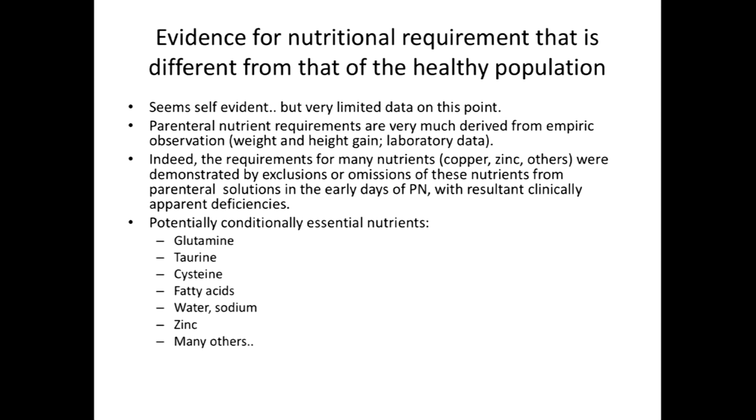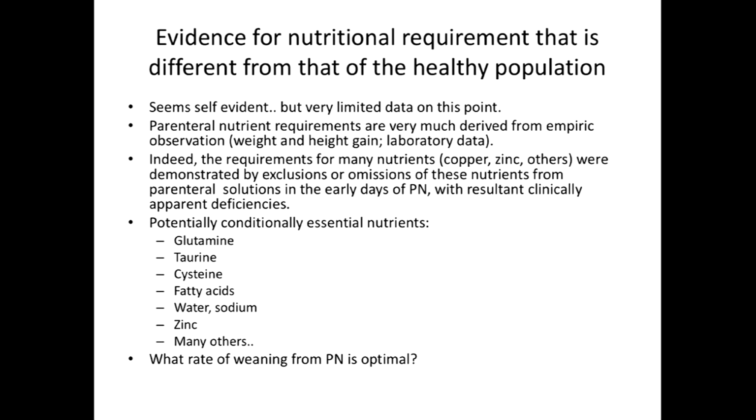Well, the literature is flush with a number of different possibly conditionally essential nutrients in the setting of intestinal malabsorption or in the setting of dependence on parenteral nutrition, but the data is quite weak, I would argue, about a number of these. And in fact, the field is wide open to evaluate the nutrient requirements as patients adapt and get better from their intestinal failure, where weaning from parenteral nutrition is undertaken.